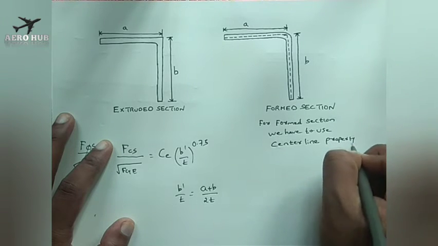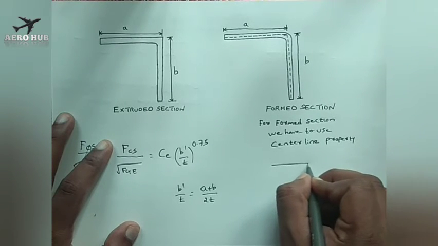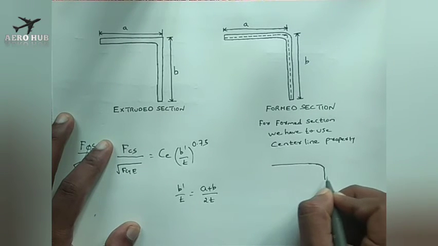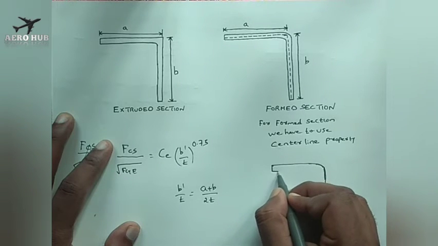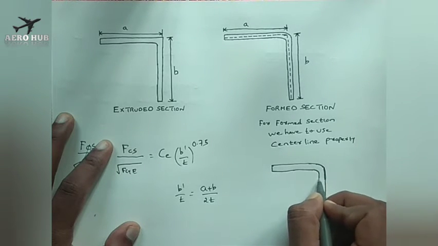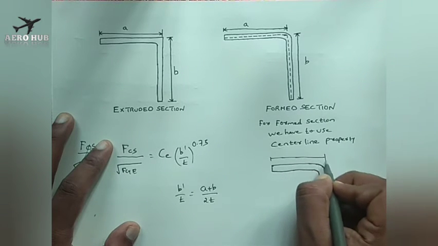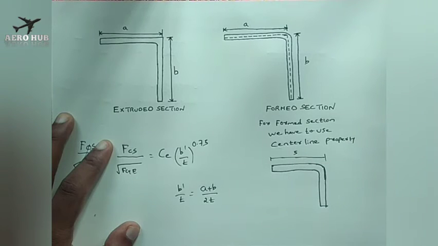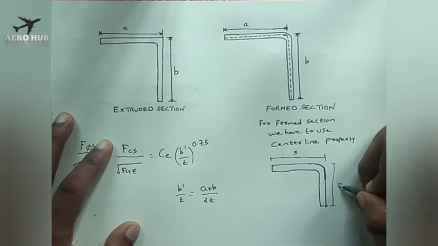Okay, that means, for example, I have this one section here, and this length is 5, it's already given, and this length is also 5.